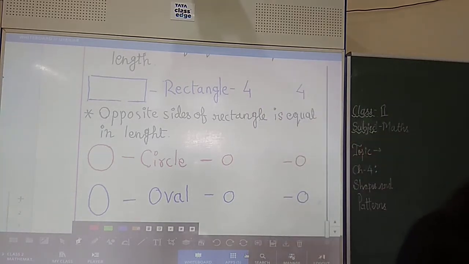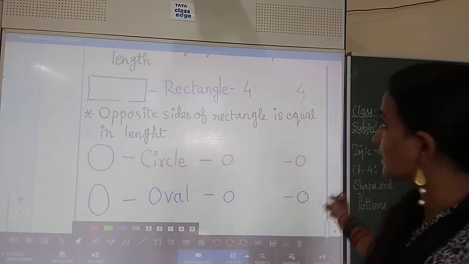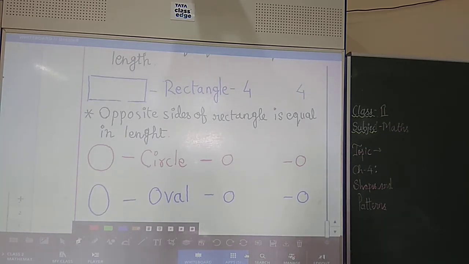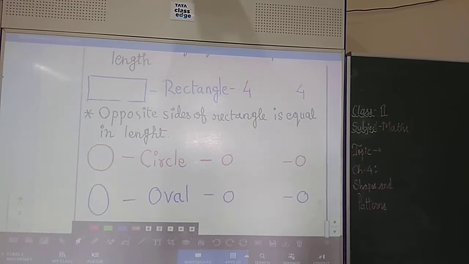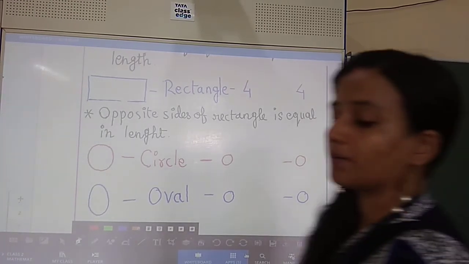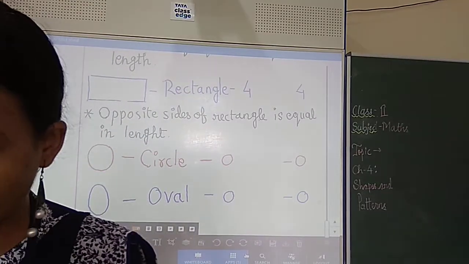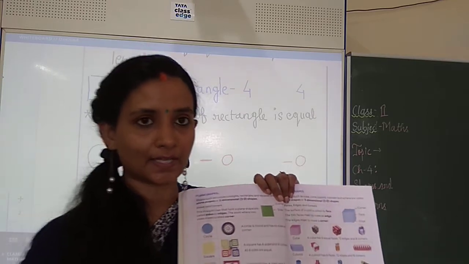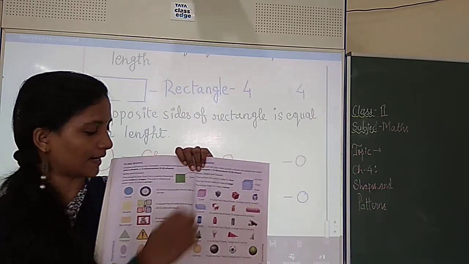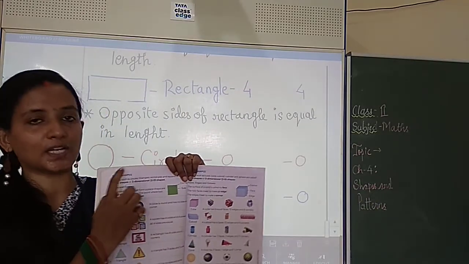Now what is your homework? You have to make a table. Okay, make a table for this and stick it on your room's wall. Okay, where you will study, there only you have to paste it. When you will open your page number 46, there is one table related to plane shapes.